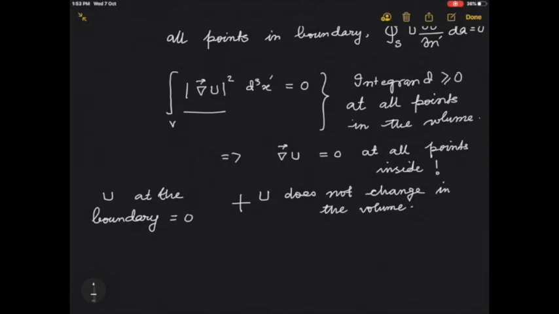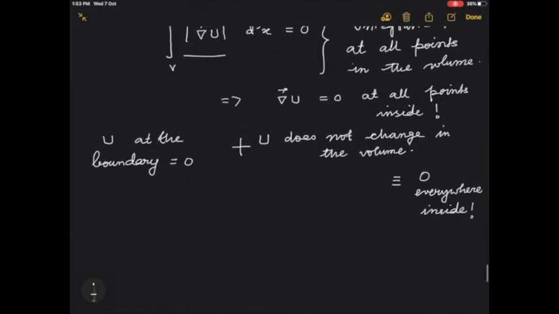So it is 0 at the boundary and it doesn't change in the volume, which implies that it's 0 everywhere. Right? 0 at the boundary, it cannot change inside the volume, it has to be 0 everywhere.